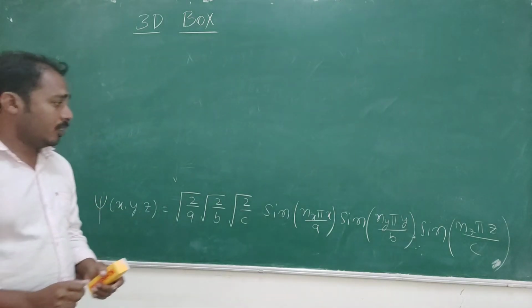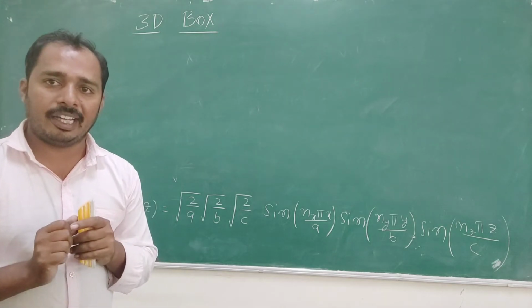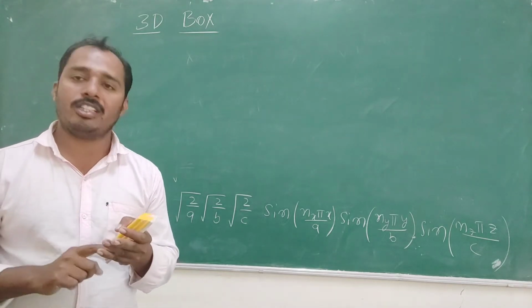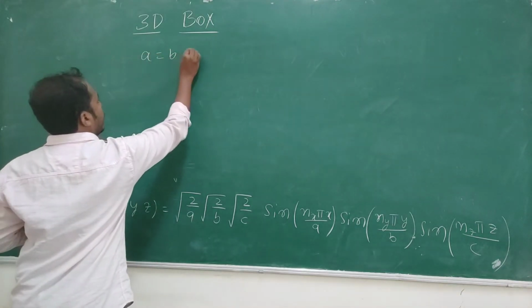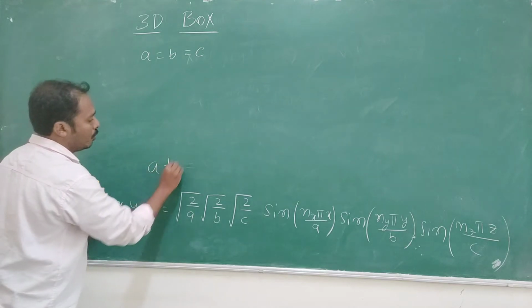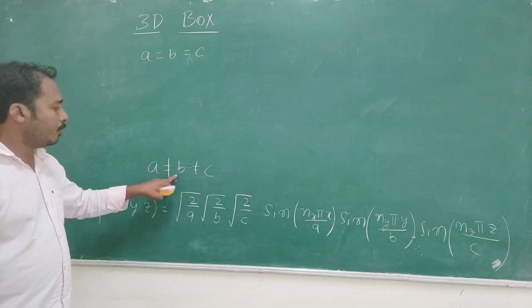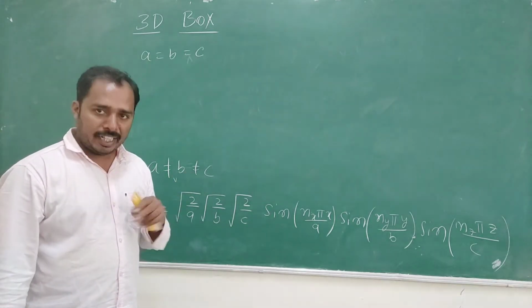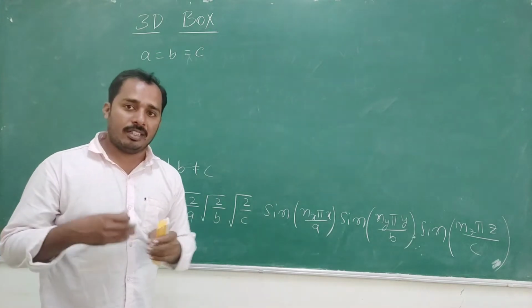Next, in case all of the sides are equal, a is equal to b is equal to c. The previous one is for a not equal to b not equal to c. So in case a is equal to b is equal to c, what does the wave function look like?